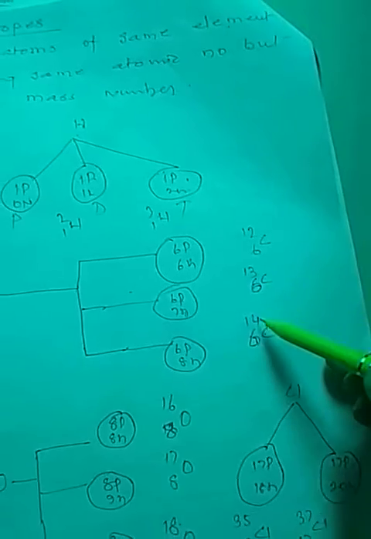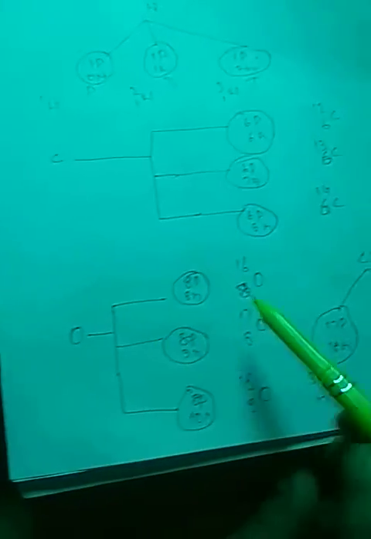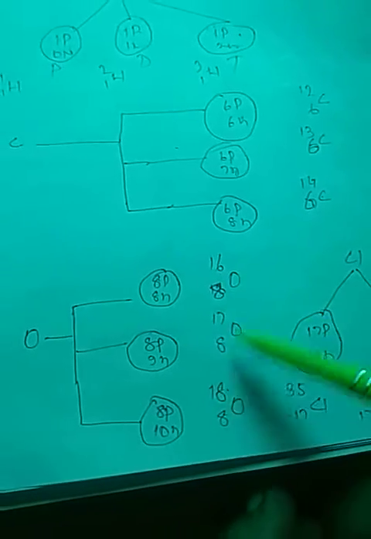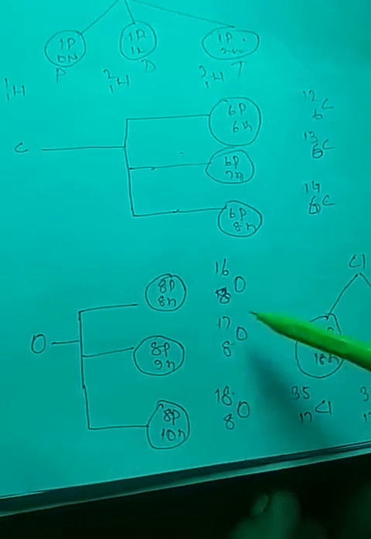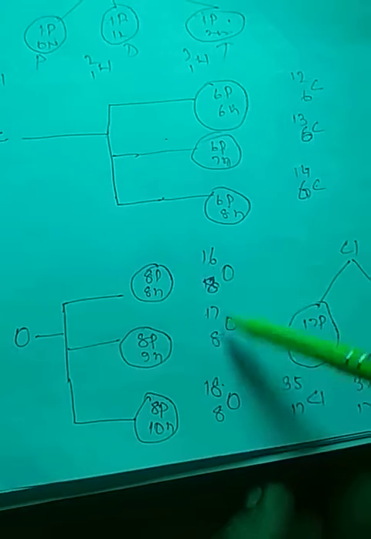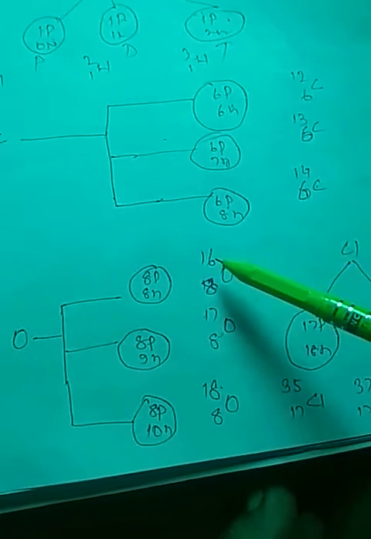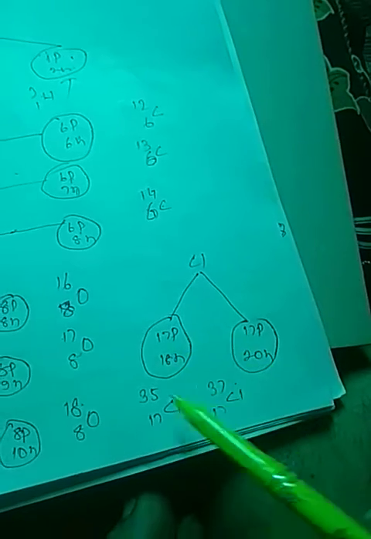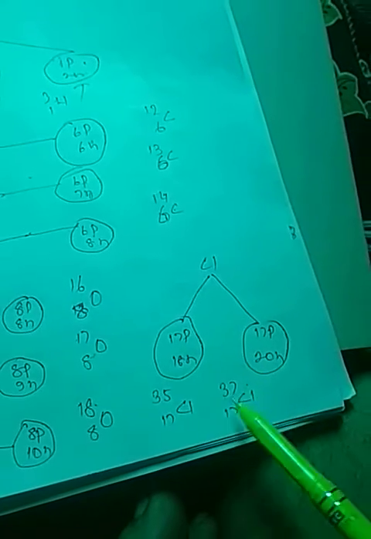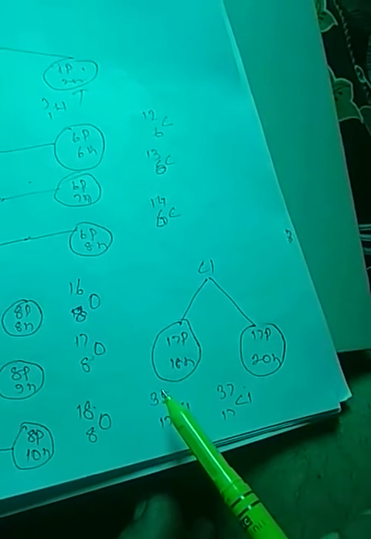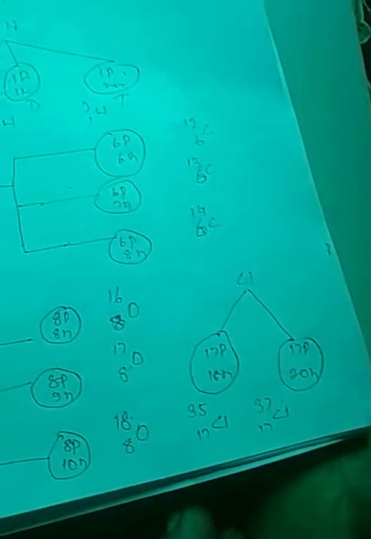One has 13, another one has 14. Likewise, oxygen has also 3 isotopes. Here 8 is the atomic number in all the 3 cases, but mass numbers are 16, 17, 18. Like chlorine has 2 isotopes, 17, 17. Mass number will be 35, and in this case mass number is 37.